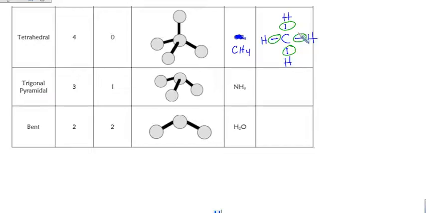Now here's the trick with a tetrahedron. The way that I have this drawn on paper, if I draw a little ball and stick model, it makes it look as if these angles are about 90 degrees. It looks like 1, 2, 3, 4. It looks like this is a 90-degree angle.